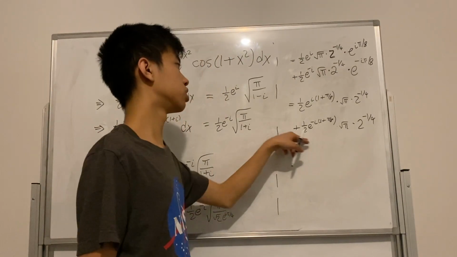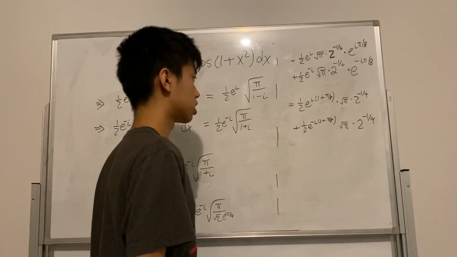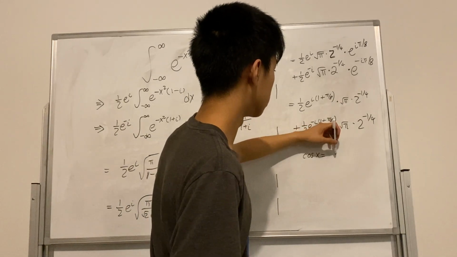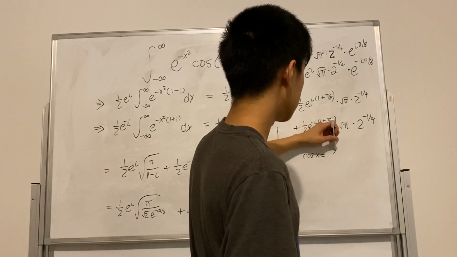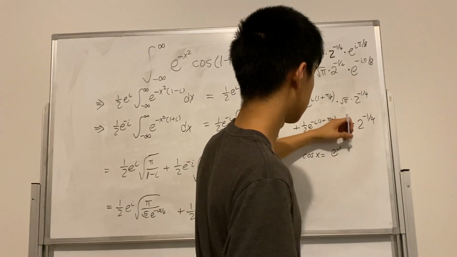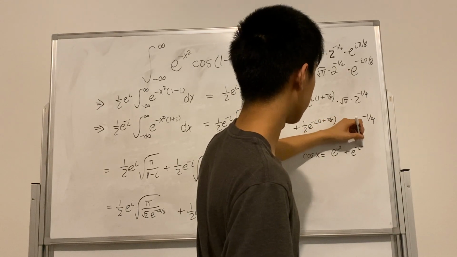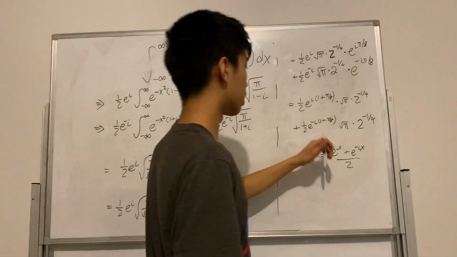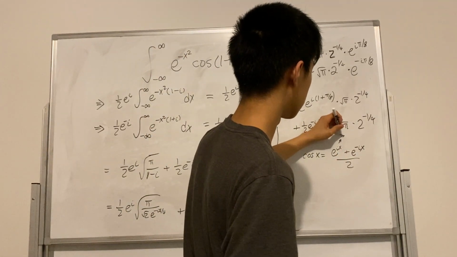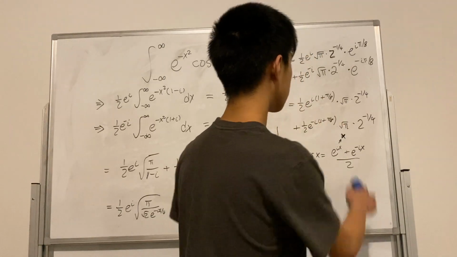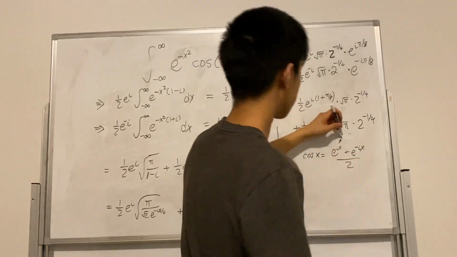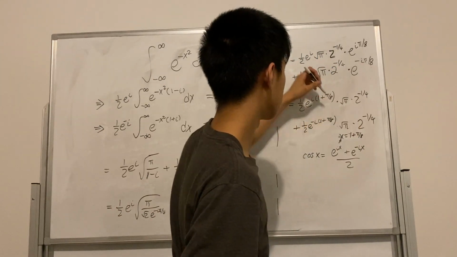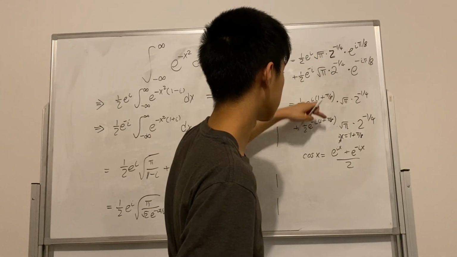You may notice something here, because remember, cosine of x is equal to e to the ix plus e to the negative ix over 2. In this case, our x is going to be 1 plus pi over 8, because we have a 1 plus pi over 8 on both sides.